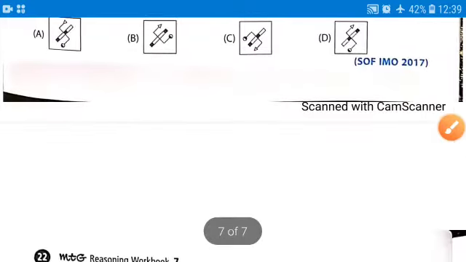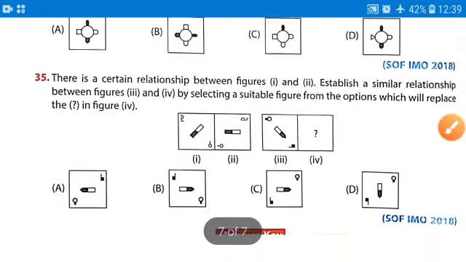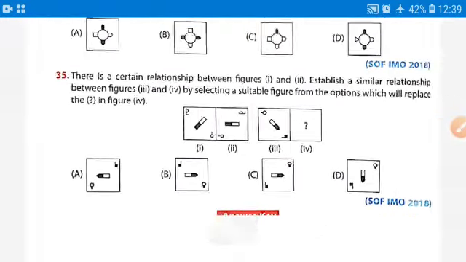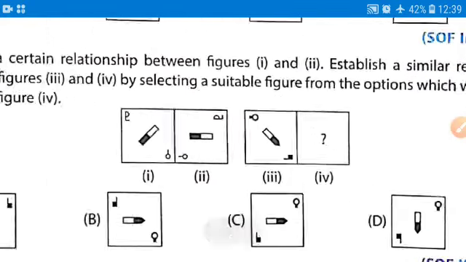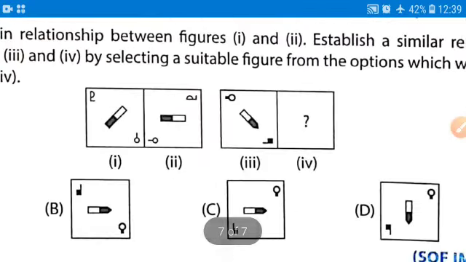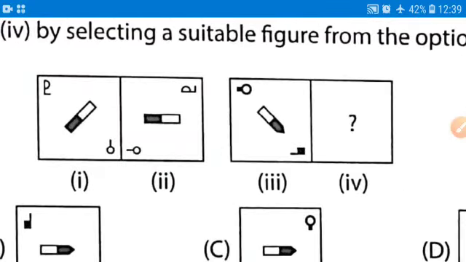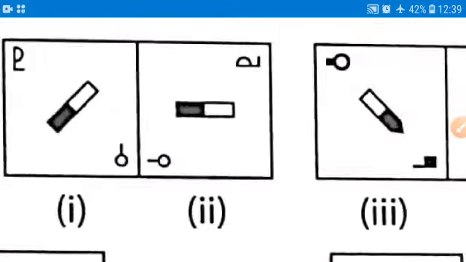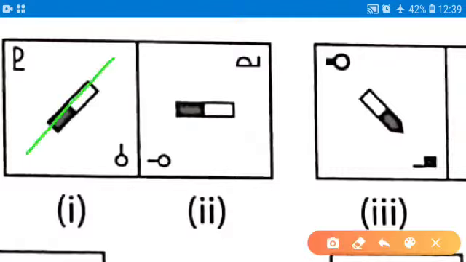Now moving further to the last question of this exercise, question number 35. Here again we have three elements, and we have to find out which kind of rotation or movement they are doing. Let us check this. First, the center element of the first figure is rotating 45 degrees like this.